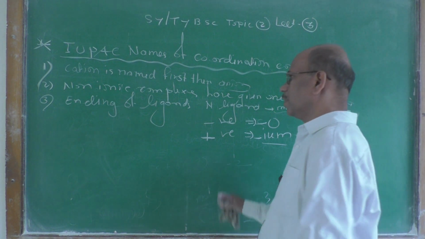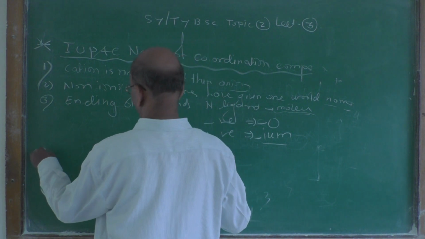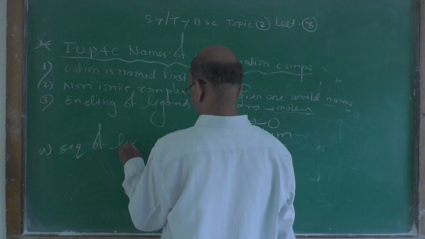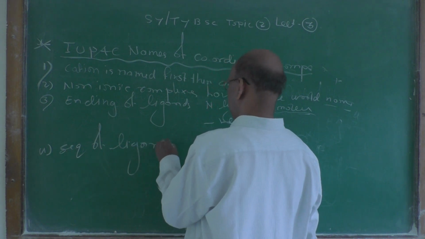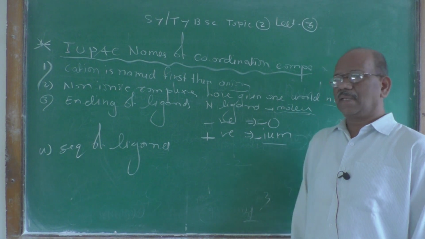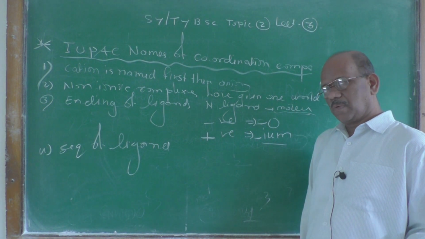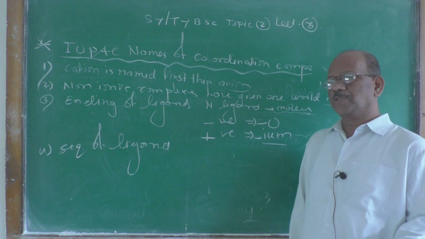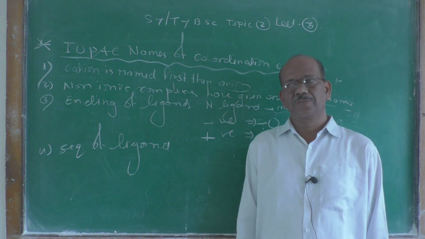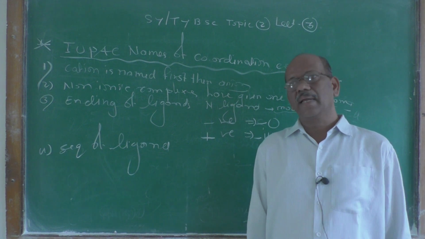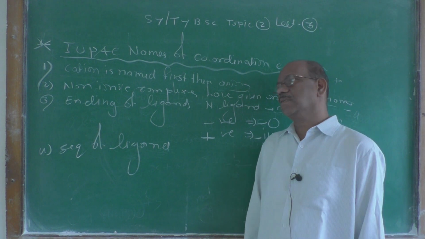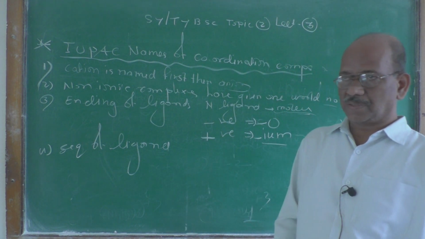Then the fourth rule is the sequence of ligands in a complex. Some complexes contain only one ligand, either neutral or positive or negative. But there are some examples in which neutral ligand and negative ligand are both present. Then at that time, which ligand is named first?